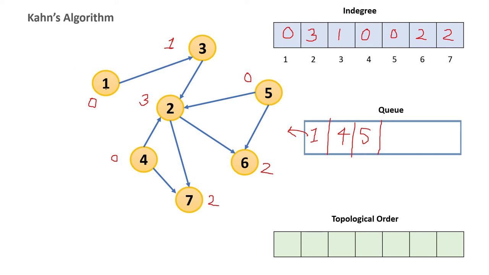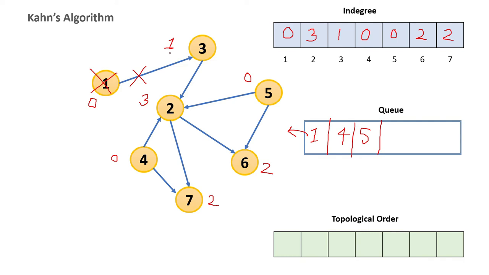Then I will check what the neighbors of this node 1 are. The neighbor of node 1 is 3. So what I have to do is delete this particular node. You can think of it in your mind: I am not actually deleting anything, but 1 and this edge have no more relation with this graph. So this part of the job is done for 1. 1 has no role to play now, so I am taking it out of the graph.